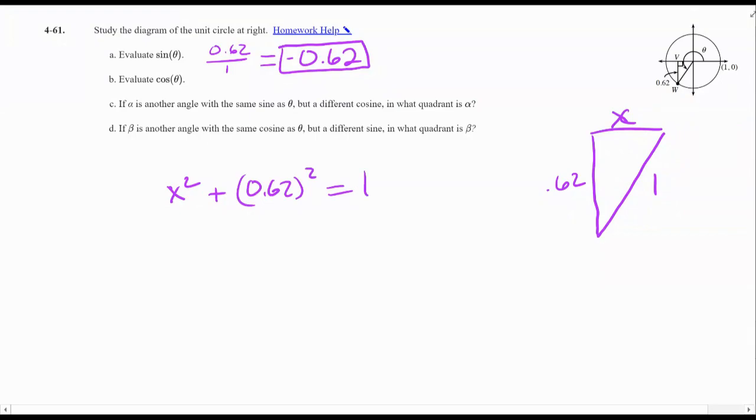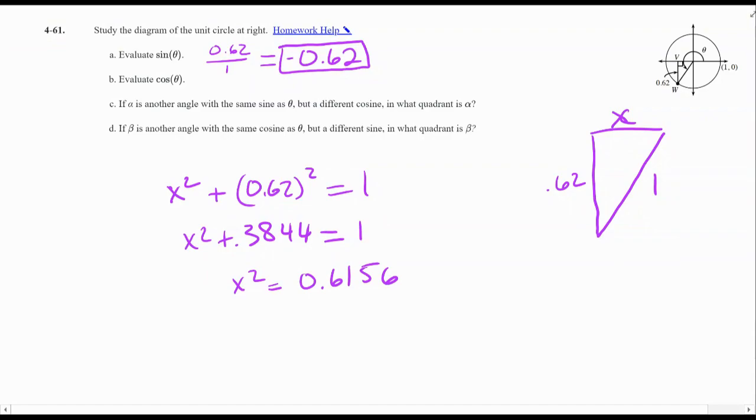Going to use a calculator on this one here and do 0.62 squared to get x squared plus 0.3844 equals 1. Then I'm going to subtract that and get x squared equals 0.6156.